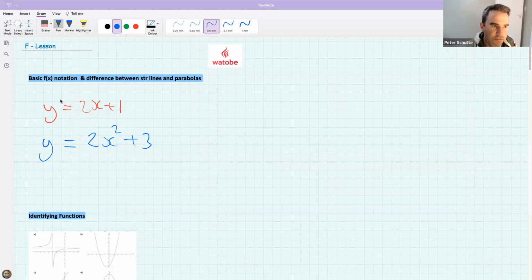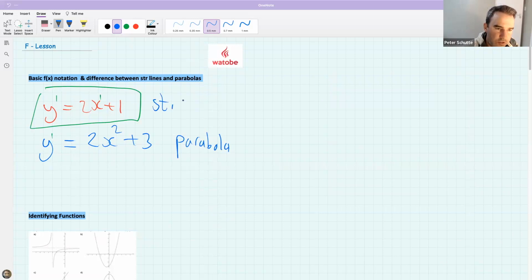If this is a straight line, because it only has powers of 1 for the x and y, here the x has a power of 2. So we call this a parabola, and the equation itself is called the quadratic equation, whereas this is called a straight line.